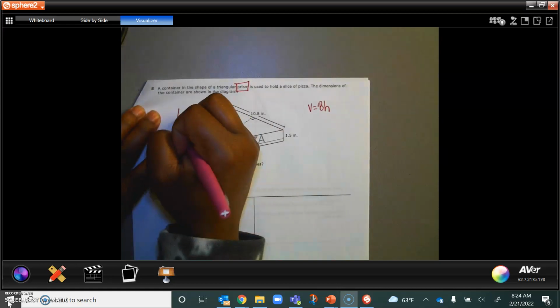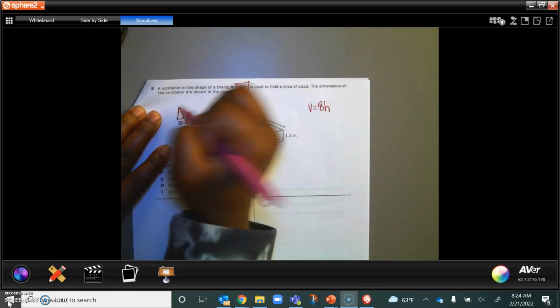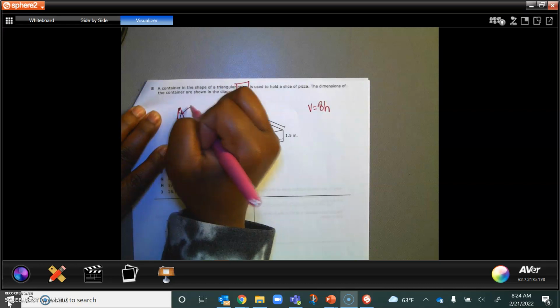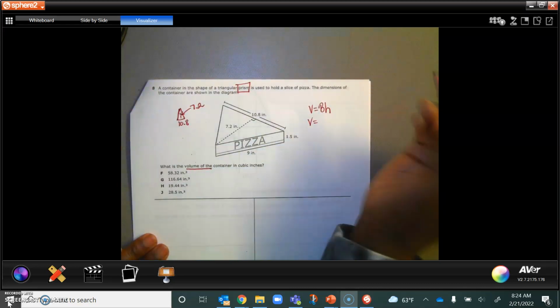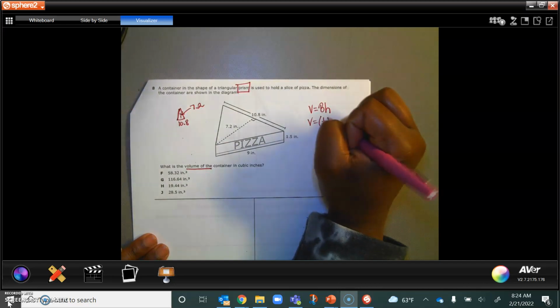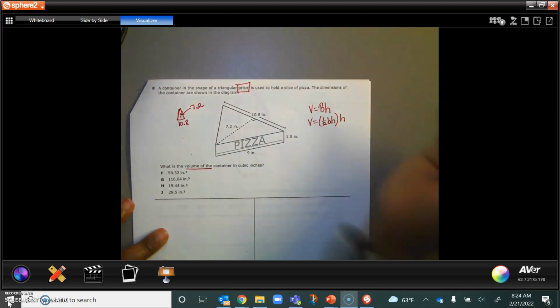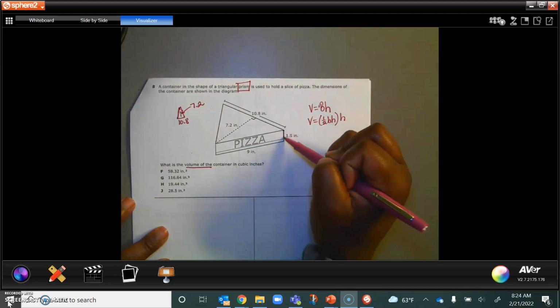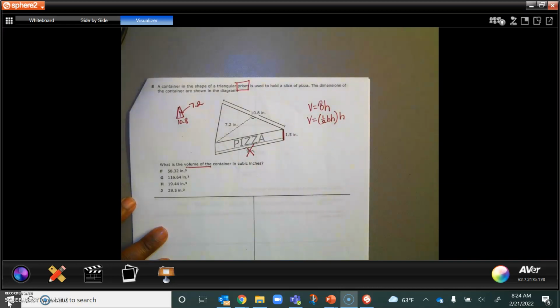So my triangle has base 10.8 with a height of 7.2. My formula for area of a triangle is 1/2 base times height. And then I have the height of the prism, which is the distance from here to here. We do not want the slant height at all.